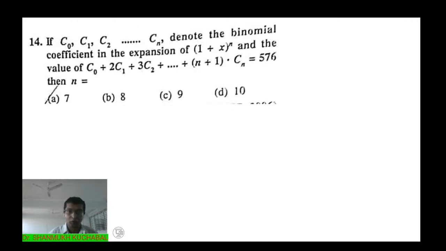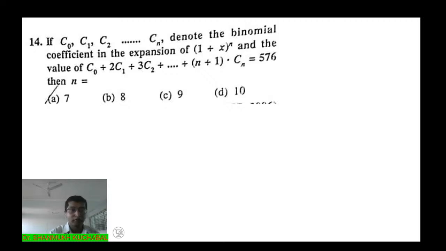Okay, now we'll move to the next example. If C0, C1, C2, and so on up to Cn denote the binomial coefficients in the expansion of (1 plus x) raised to n, and the value of C0 plus 2C1 plus 3C2 plus so on, up to (n plus 1)Cn is equal to 576, then we have to calculate the value of n.